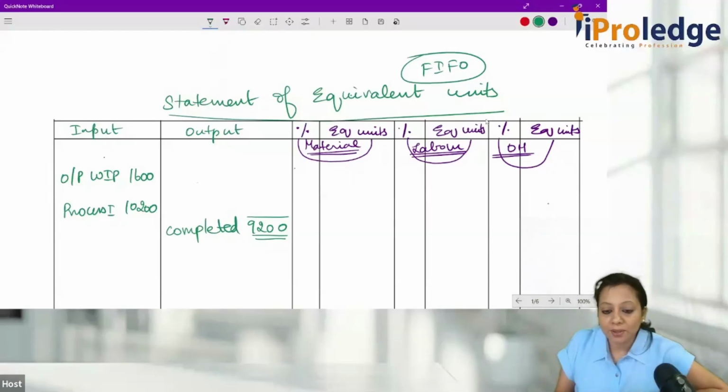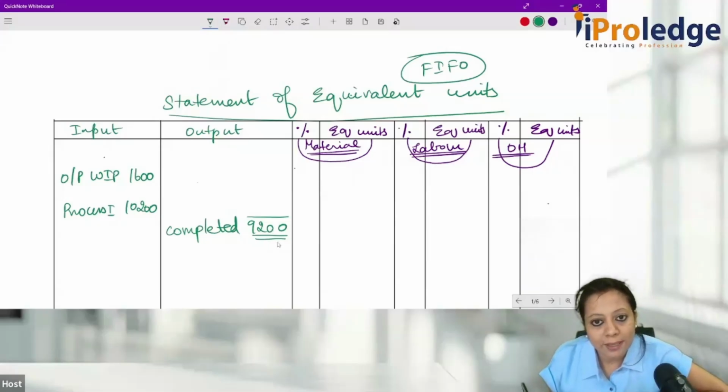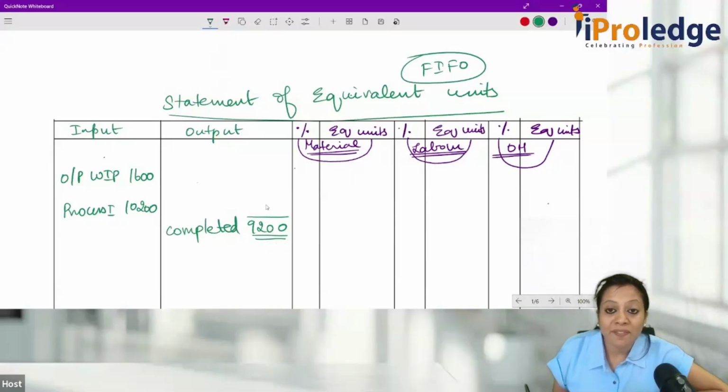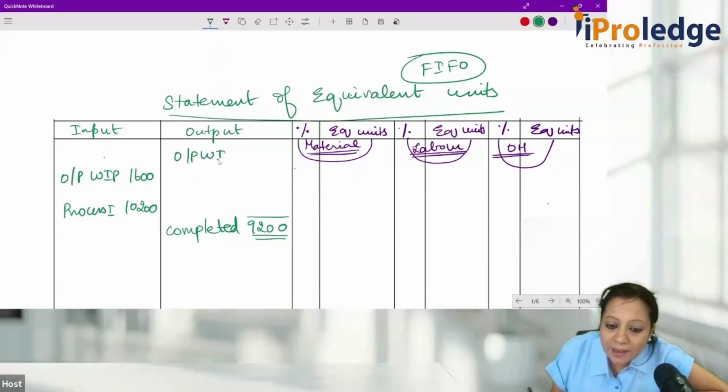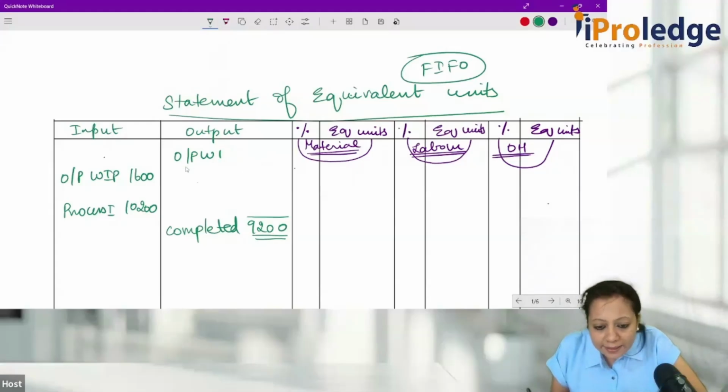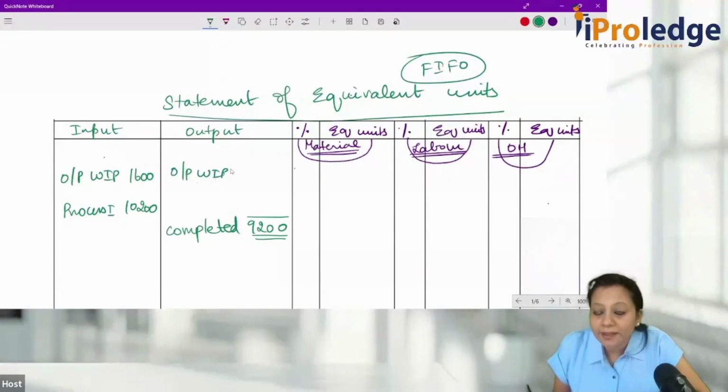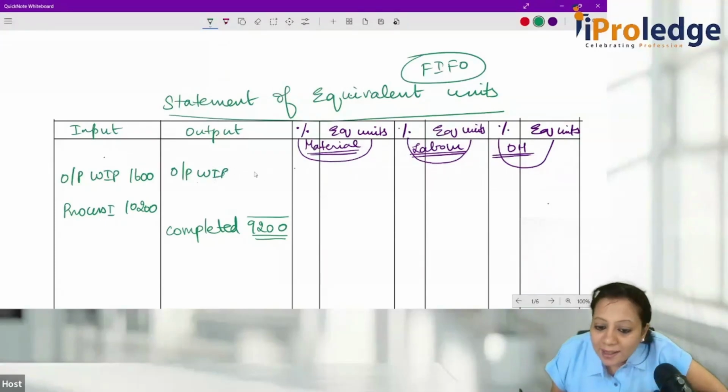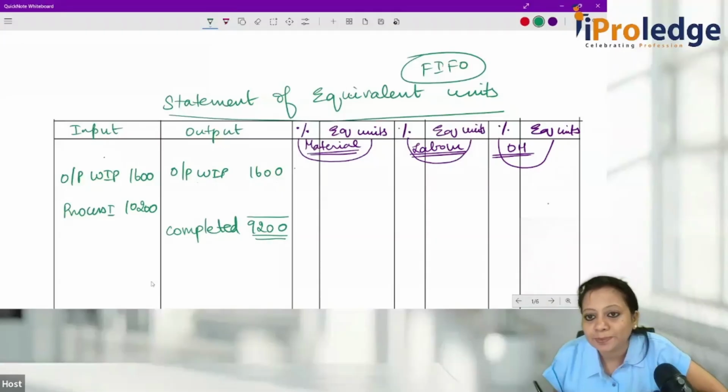So now coming to speak about 9,200 completed. But I'm in FIFO, which means first in, first out. So first I will use the opening WIP. That was how much opening WIP? I'll write it a little bit below, okay? Opening WIP, already we have written here on the board itself. That is 1,600. Are you all understanding?